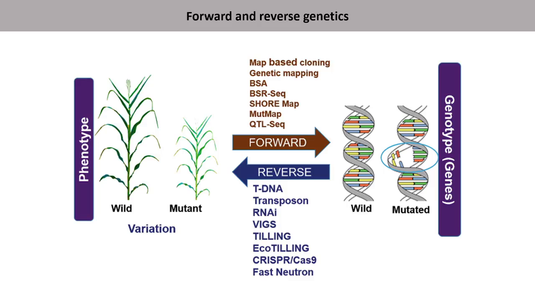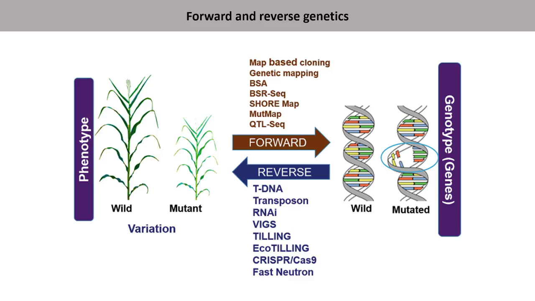Suppose we are talking about plants, and we have a plant with a certain trait or phenotype or physical feature, and based on that physical feature, we go towards identifying the gene responsible for it. Then the study from phenotype to genotype is called forward genetics.